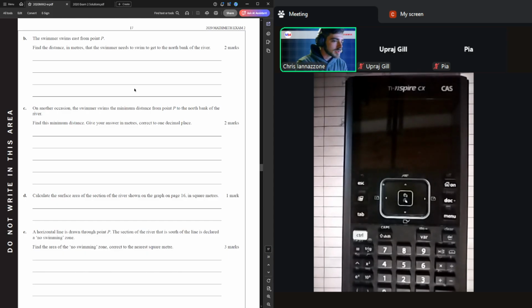Swimmer swims the minimum distance from point P to the north bank of the river. Okay, minimum distance now. So not necessarily in a straight line east. We're trying to get there in as short a distance as possible.